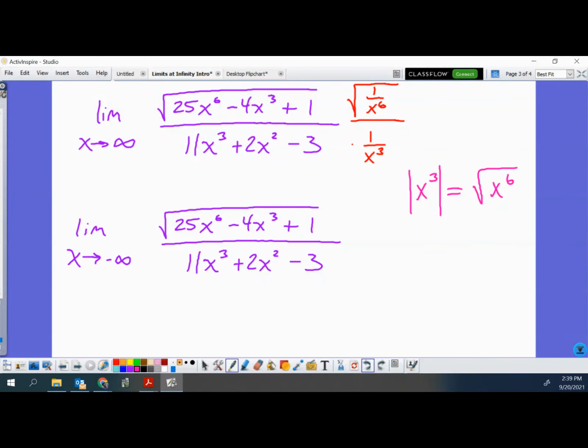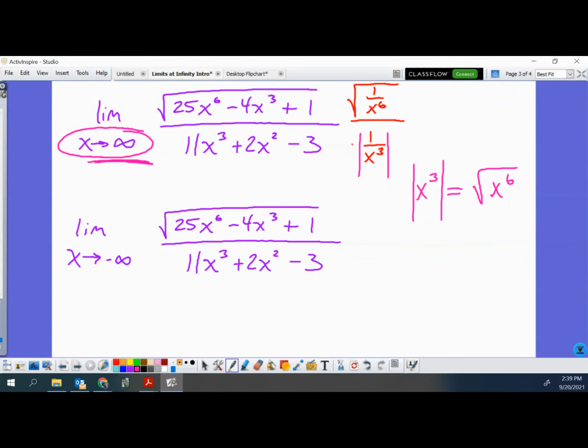But the absolute value is there for when x is negative, right? When x is positive, what does that absolute value do? Nothing. When x is negative, that absolute value will multiply a negative 1 on there. So the question is, do we want to just throw the absolute value on down here? And I will say no, because we're talking about the limit as x approaches infinity.